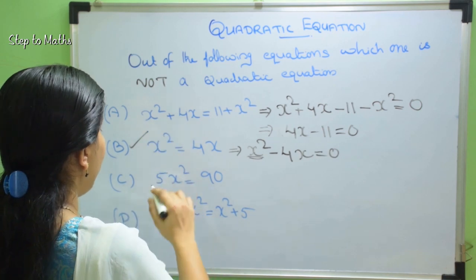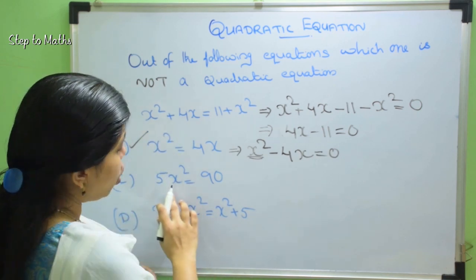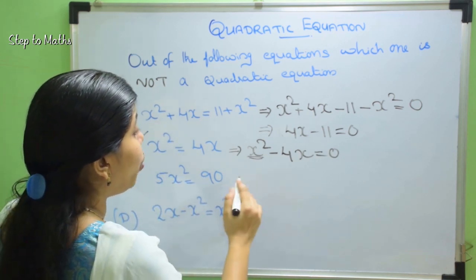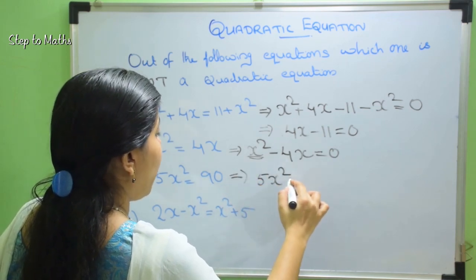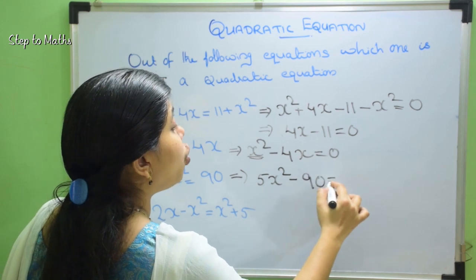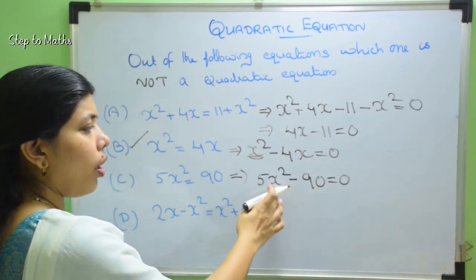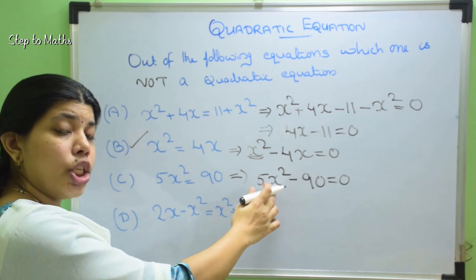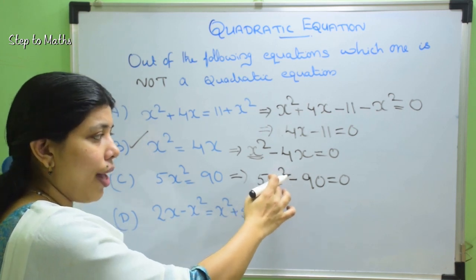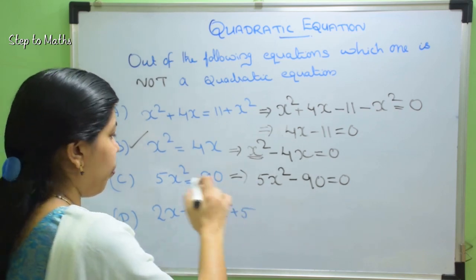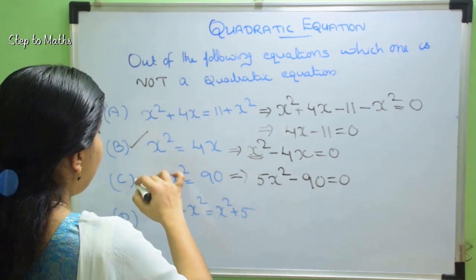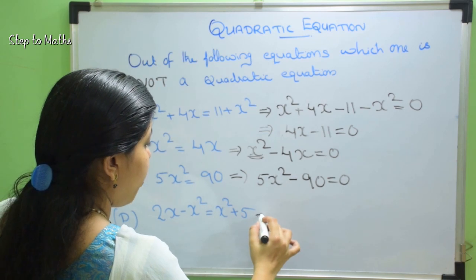P is a quadratic equation. Consider next one, 5x square equal to 90. This can also be written as 5x square minus 90 equal to 0. Here also the highest power of the variable x is 2 and its coefficient is 5. That means the coefficient is not equal to 0. So we can say that this is also a quadratic equation.